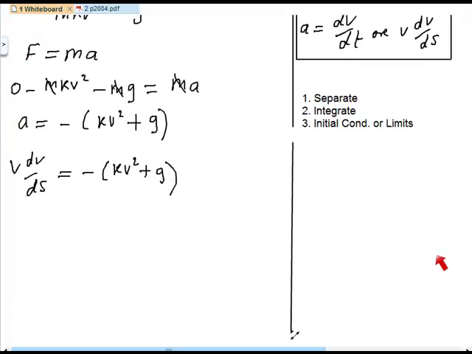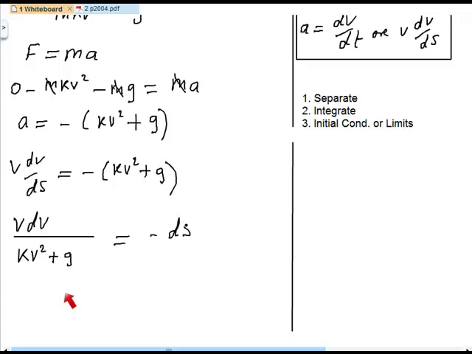And by separate we mean keep all the v's on one side and keep all the s's on the other side, because they are the two things that are changing here, v and s. v dv, and under the line we're going to have kV squared plus g. And on the other side we're going to be left with minus ds, because ds multiplies across. And that's the first step already done.